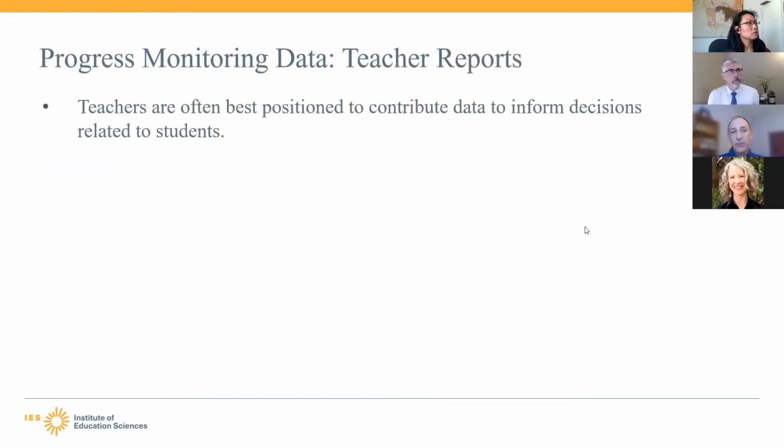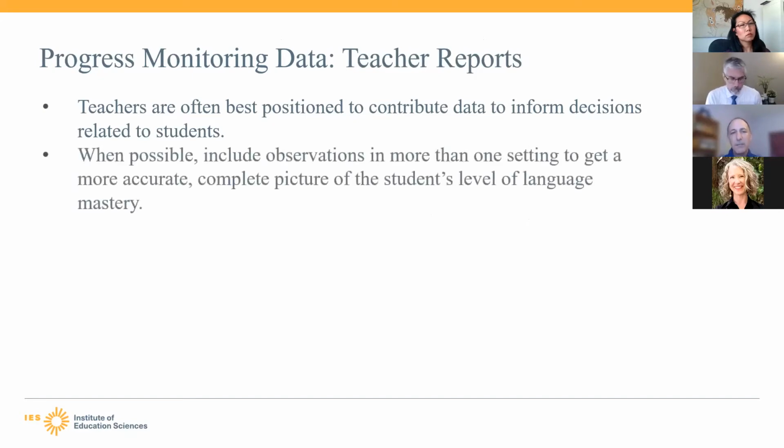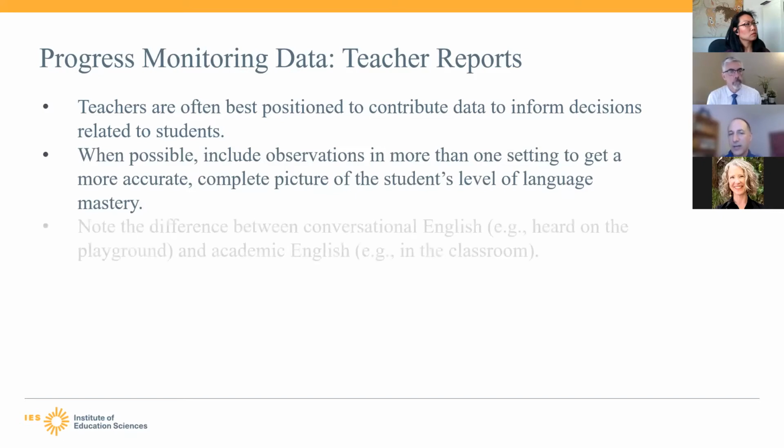Teacher reports, we mentioned that as another source of data. Teachers are often in the best place to know how a student's English language skills are evolving. And in fact, if we can get observations in more than one setting, then we can have a more complete picture of the student's level of language mastery.